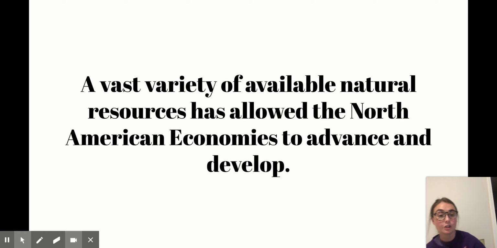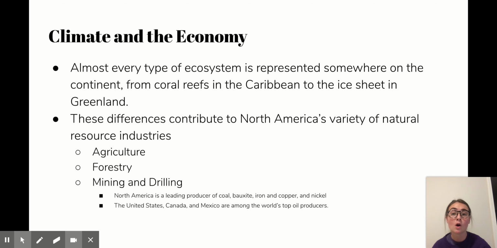So the countries in North America have been able to advance and develop because its climate has provided it with an abundance of natural resources. All right, so almost every type of ecosystem is represented somewhere on the continent, from coral reefs in the Caribbean to the ice sheet in Greenland. So, like we talked about, almost every climate type and ecosystem type are represented in North America.